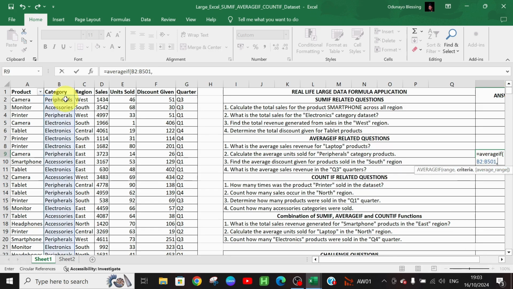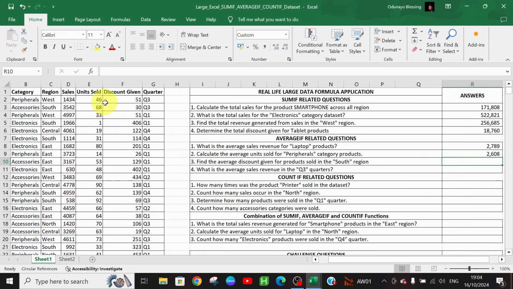The criteria we are looking for is peripherals, then the comma, then the average range, the units sold. So that's the average units sold for peripheral products.